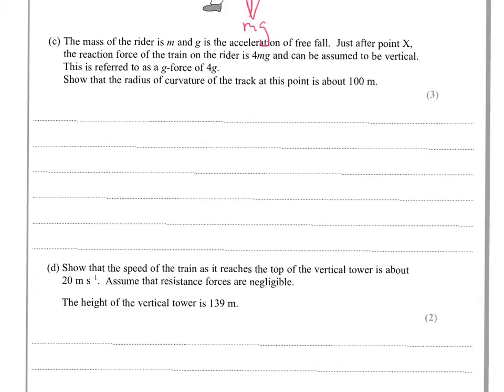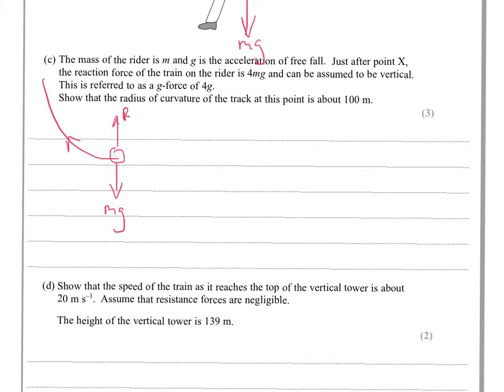Just after point X, the reaction force of the train on the rider is 4mg and can be assumed to be vertical. This is referred to as a g-force of 4g. Show that the radius of curvature of the track at this point is about 100 meters. So it's heading this way. We've got R pointing up and mg pointing down.